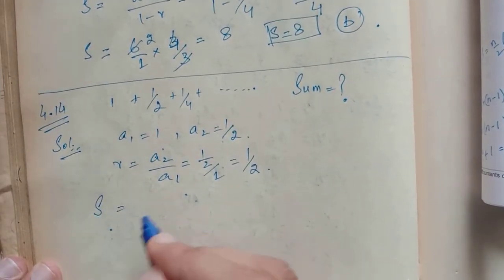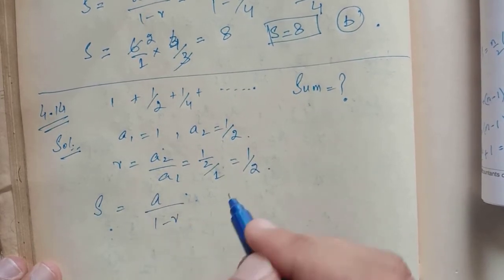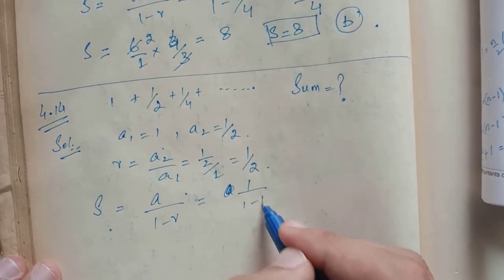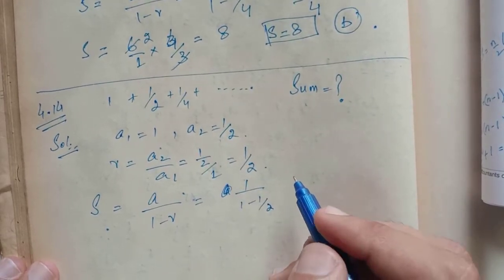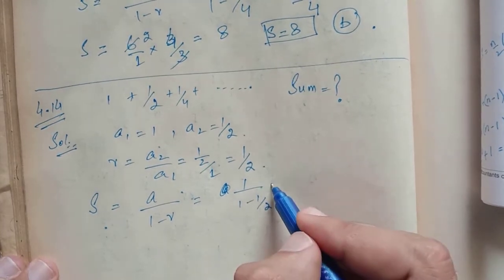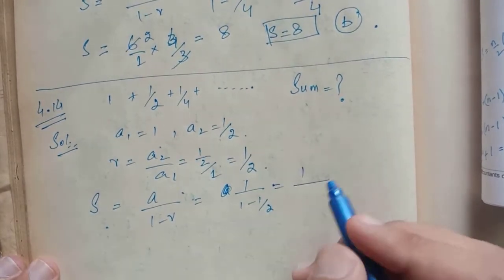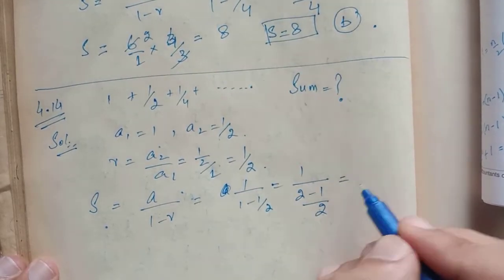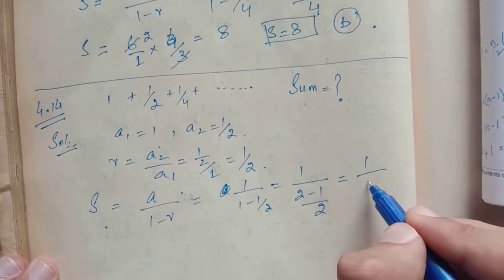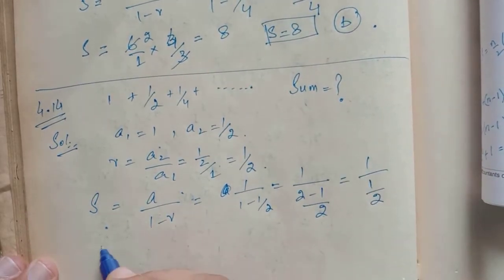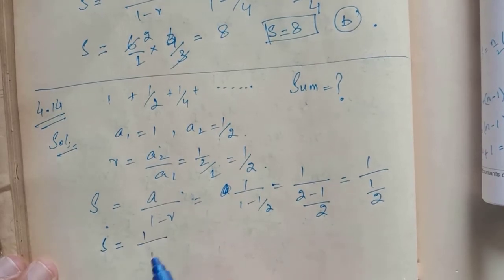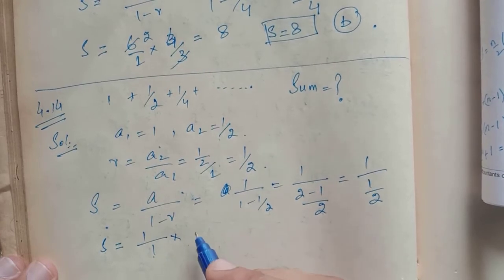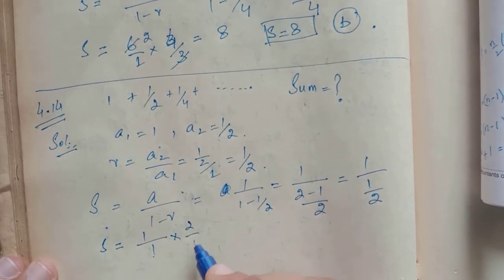Now sum equal to a divided by 1 minus r, and this equal to 1 divided by 1 minus 1 over 2, and this equal to 1 divided by 1 divided by 2, and S equal to 1 divided by 1 divided by 1 into 2 by 1.